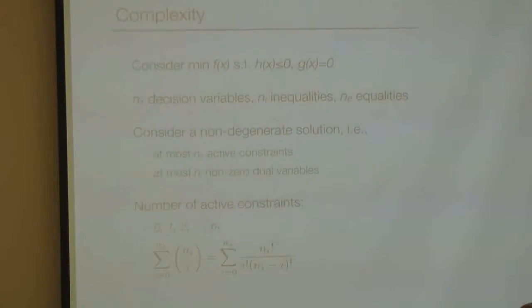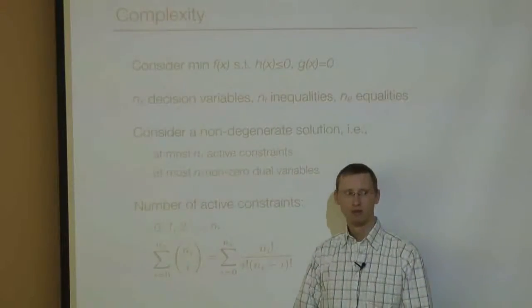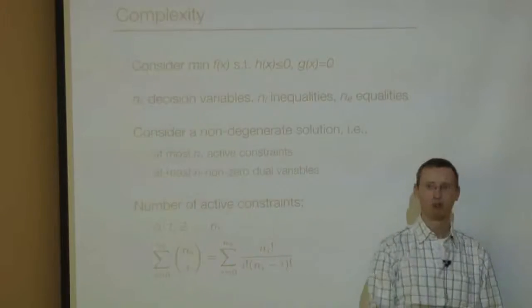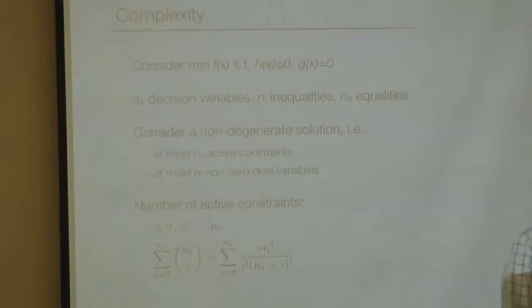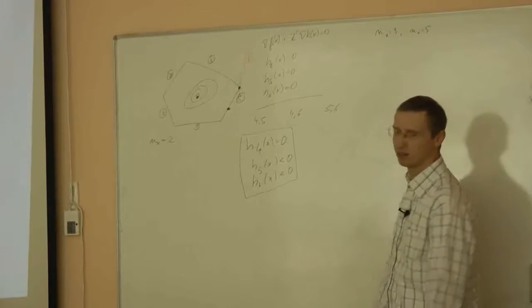And we know that at the optimum, no constraints could be active. One constraint could be active, two, up to the dimension of the optimization space. Okay? Now, how many are there? Well, let us motivate the result by a simple example. Let us consider we have 3 optimization variables and 5 inequality constraints.